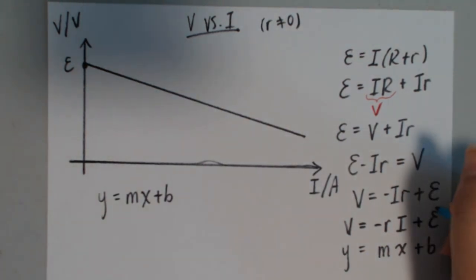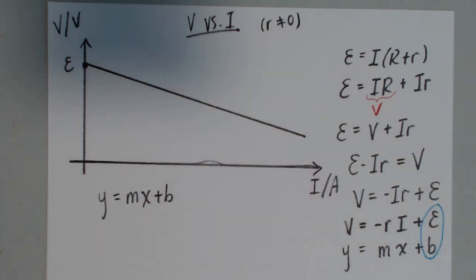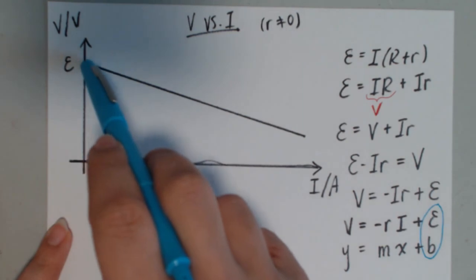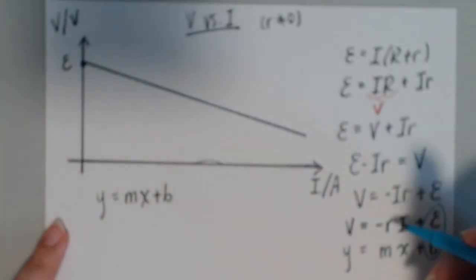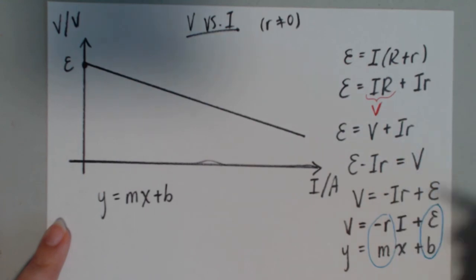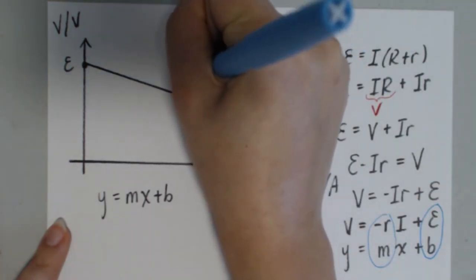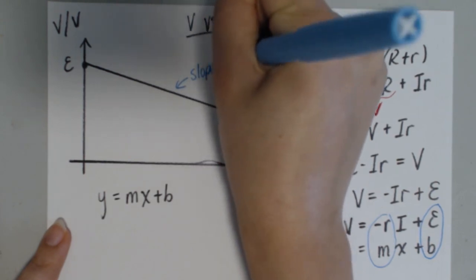The y-intercept: when current is 0, the voltage of the battery is epsilon. That's the electromotive force, the full potential ability of the battery. And the slope of this line is the negative of the internal resistance. So the slope here is negative r.